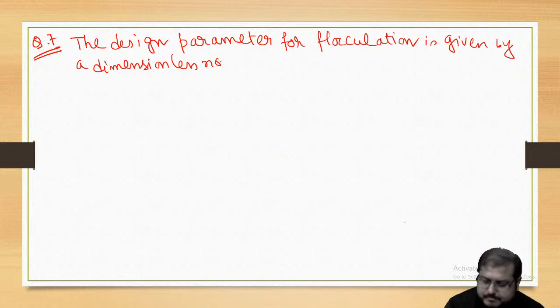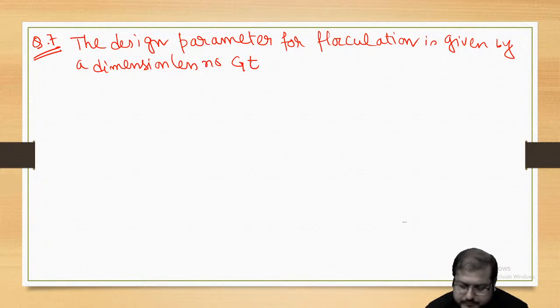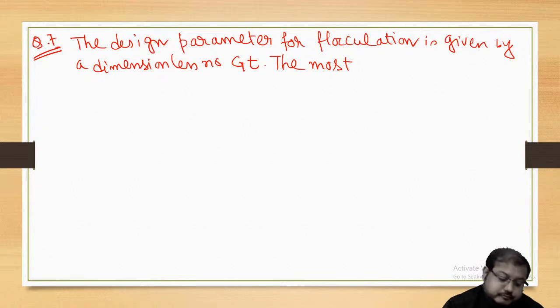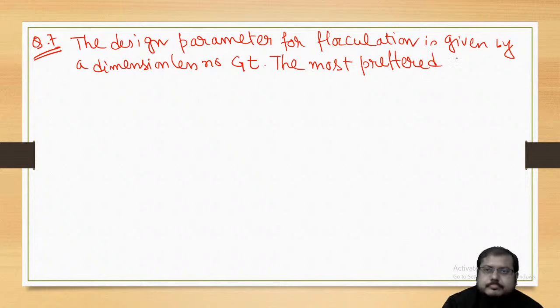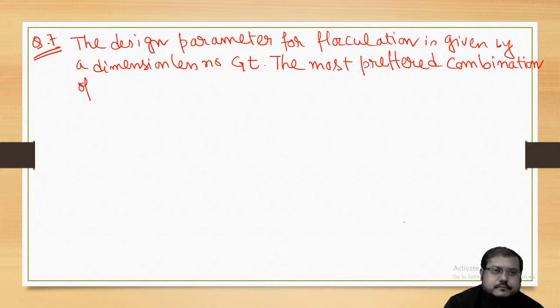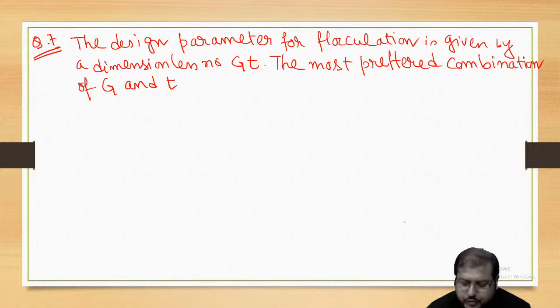This is GATE 2004 question. The most preferred combination of G and T to produce smaller and denser flock.